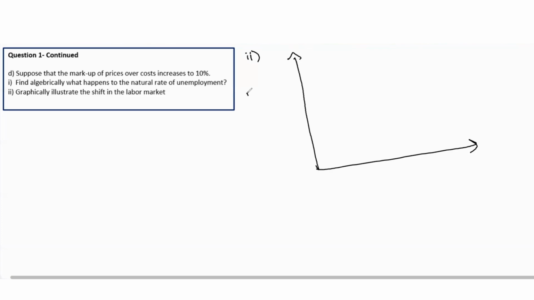On the vertical axis, we take the real wage, which is nominal wage divided by price level. On the horizontal axis, we take the unemployment rate, small u.